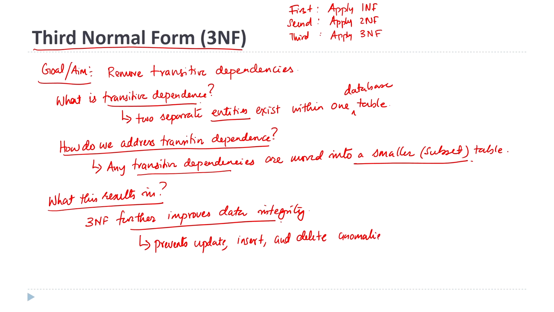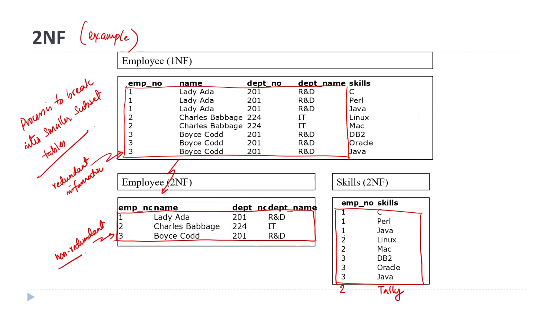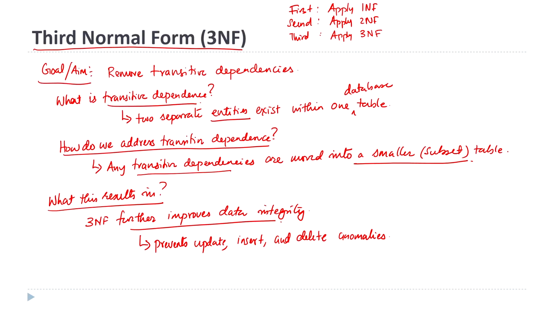So, in this table we have seen that this department number and department name, department is also another entity and employee is another entity, and they are coexisting in one table. Though functionally it is okay, transitive dependency, which means two separate entities existing in one table, does not really help in this regard.